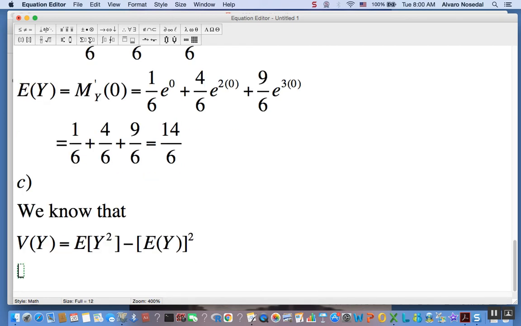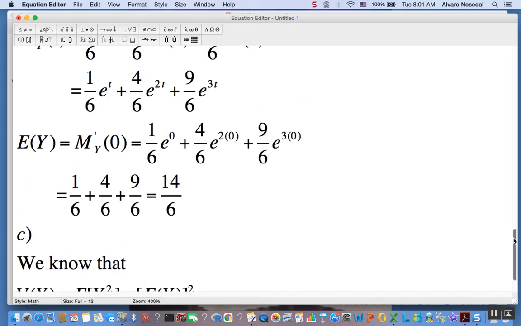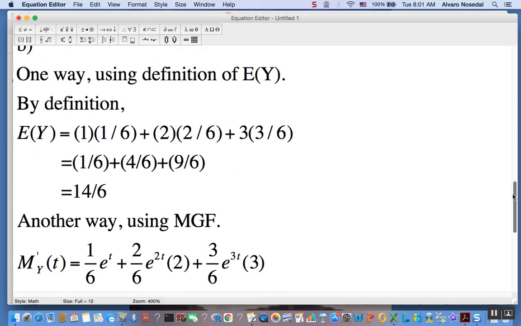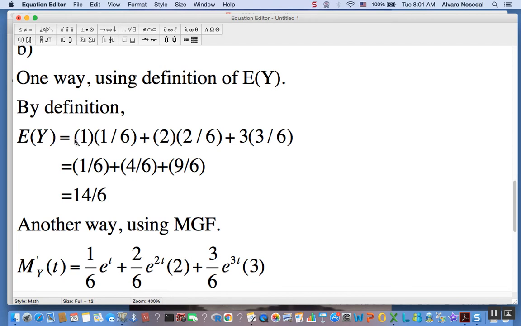Okay, so expected value of Y squared is just this. It would be similar to what we had here, right? By definition, let me borrow this guy.